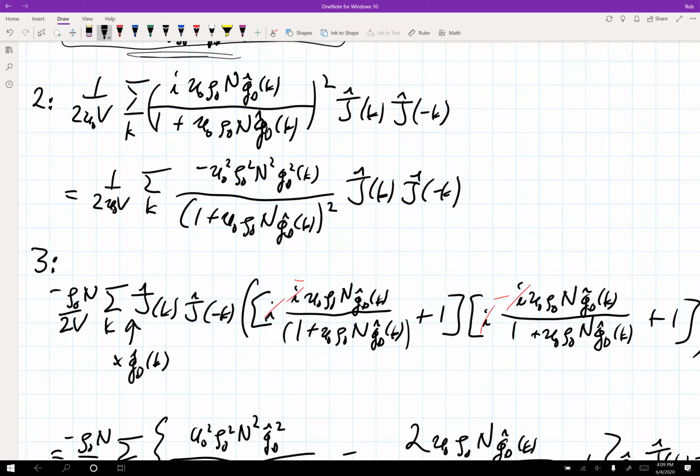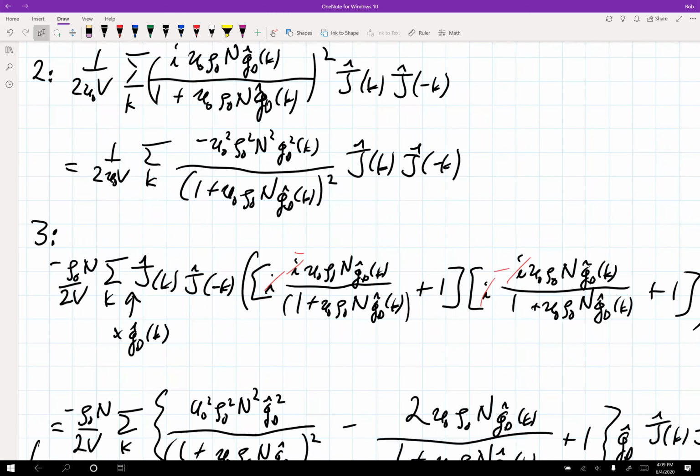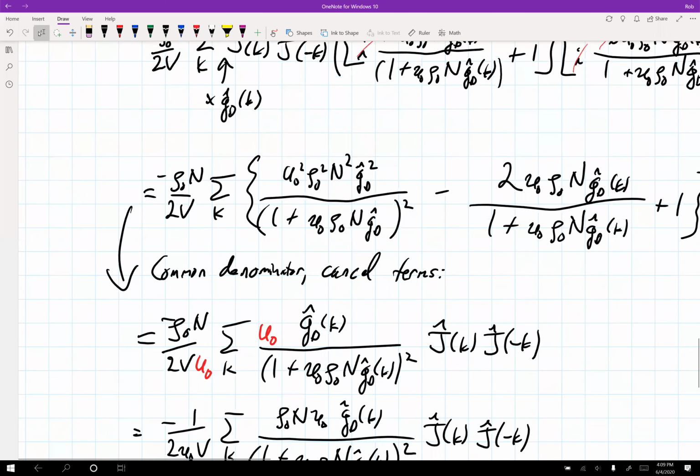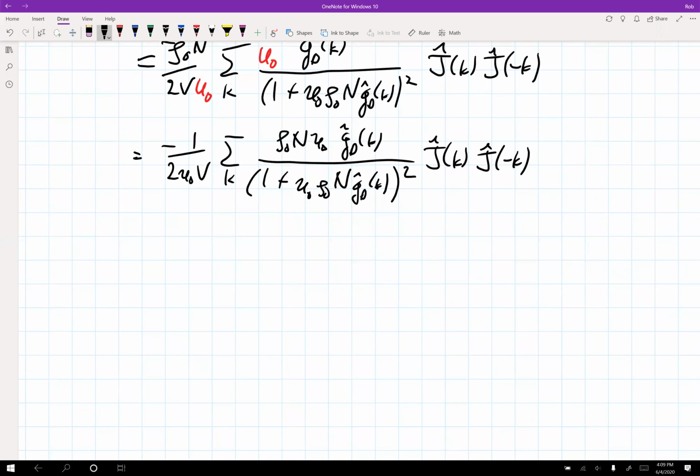And so the only thing that we get in the numerator is going to be the sum of the two numerators. The one from above is minus u naught squared, rho naught squared, n squared divide function, and then here we just have rho naught, u naught, and divide function. So when we take term 2 plus 3, what we have is minus 1 over 2 u0v sum over k.